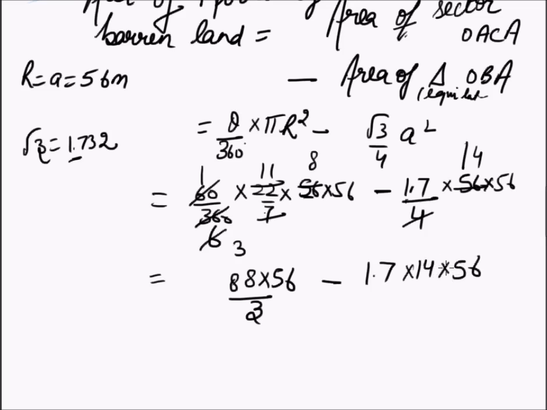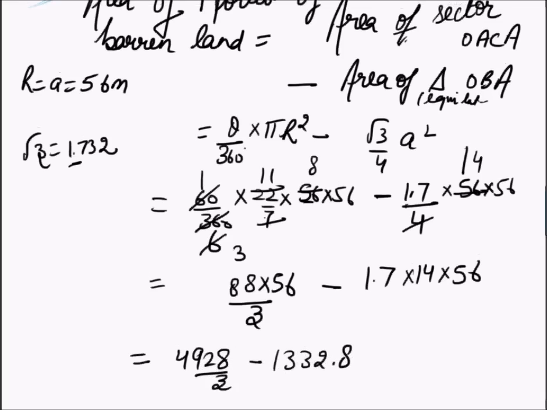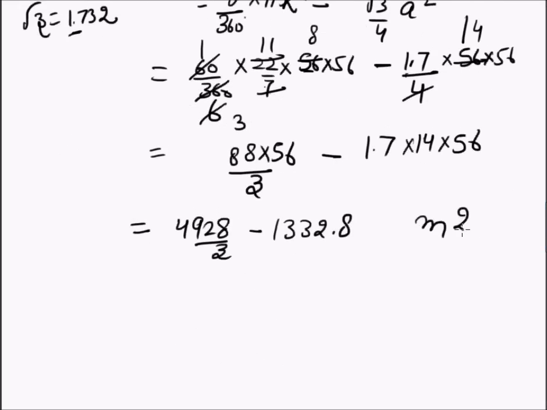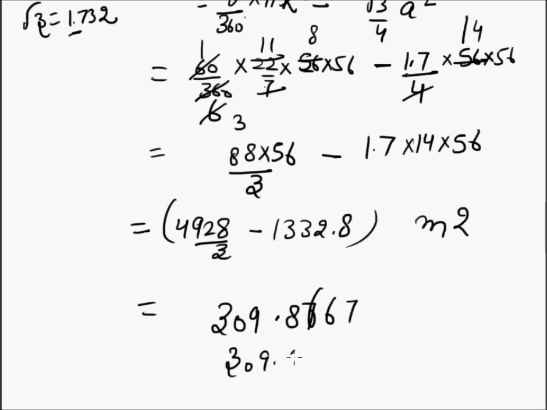So on simplification we will get 4928 over 3 minus 1332.8 meter squares. Or further on subtraction, it will be 309.8667, which can be simplified as 309.87 meter squares.